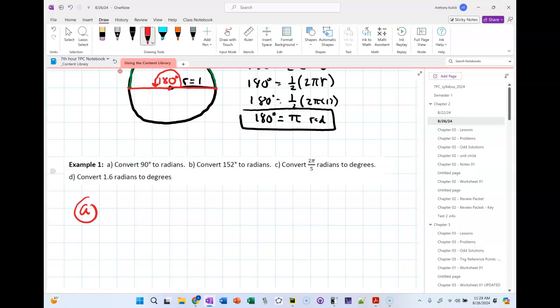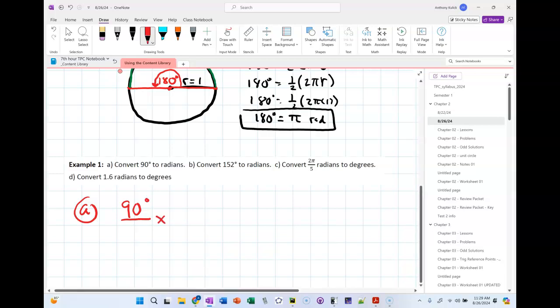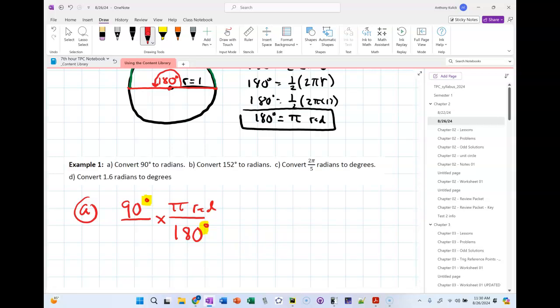So if I want to convert 90 degrees to radians, I'm going to start with 90 degrees. And I remember that the unit up top needs to match the unit in the bottom. So I know the 180 degrees is going to go down there, and the pi radians will go on top. Is everybody cool with how I knew how to arrange my conversion factor?